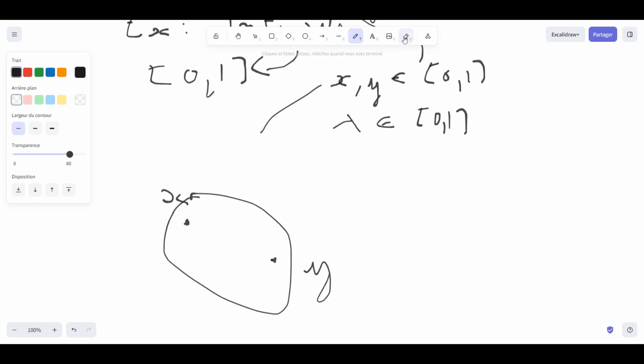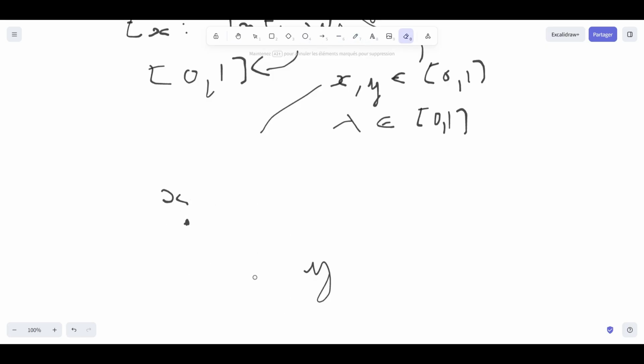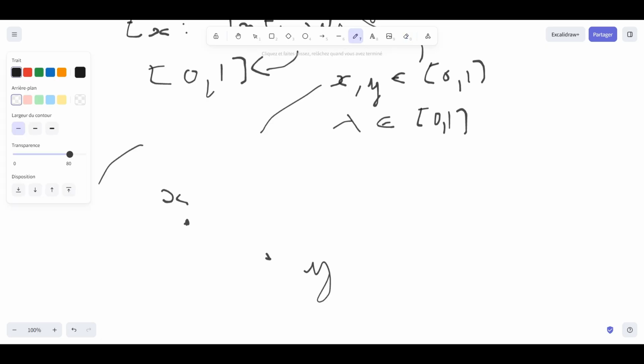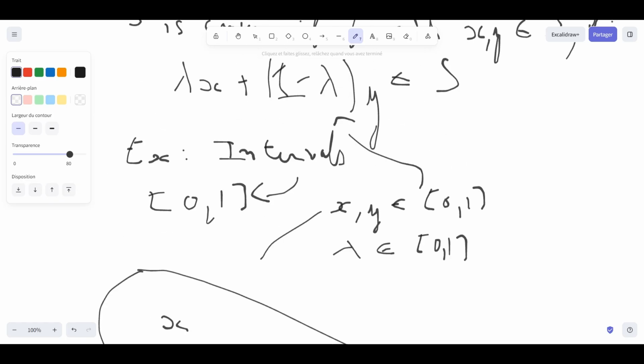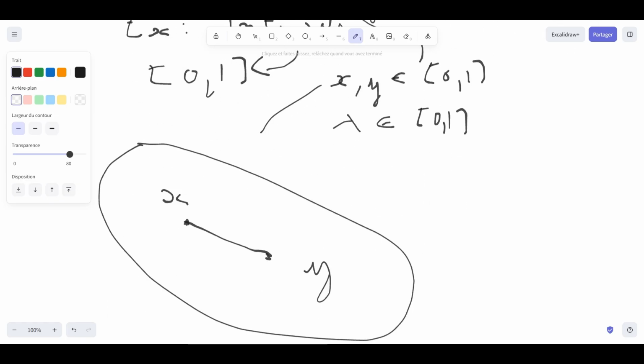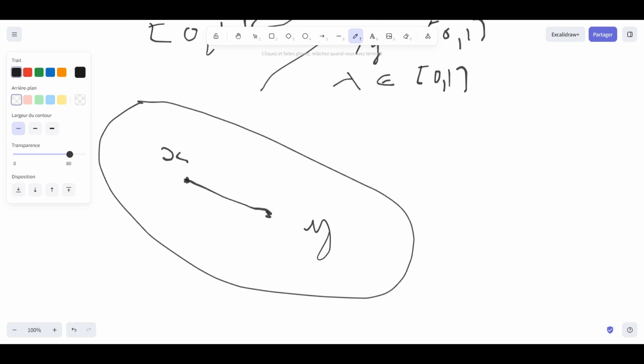I think it will be clearer if you draw it like this. So that's a convex set, because you have a line segment between x and y, which is still inside the set.